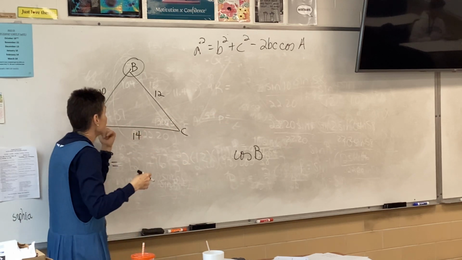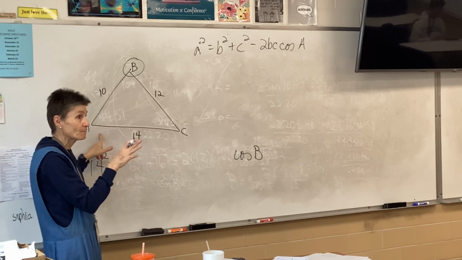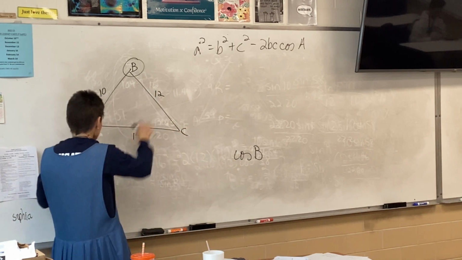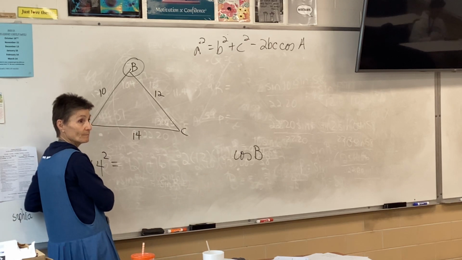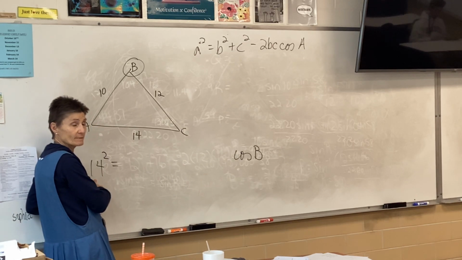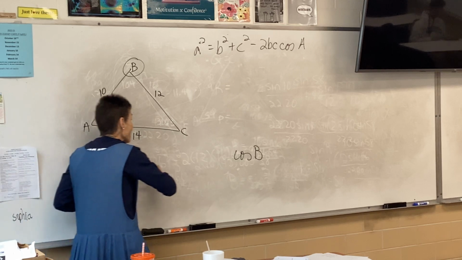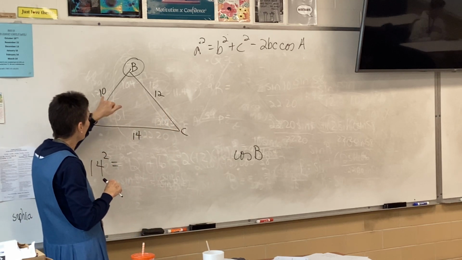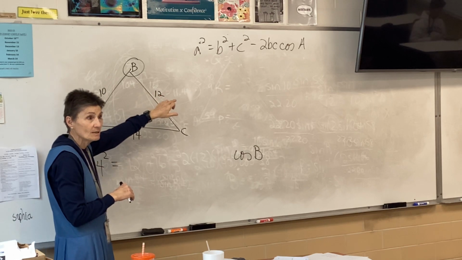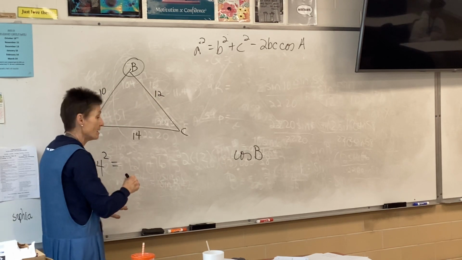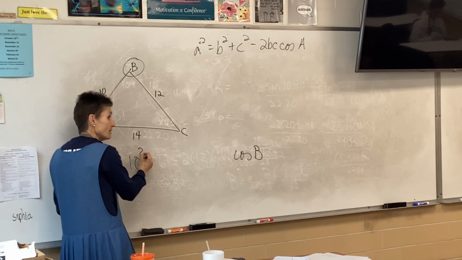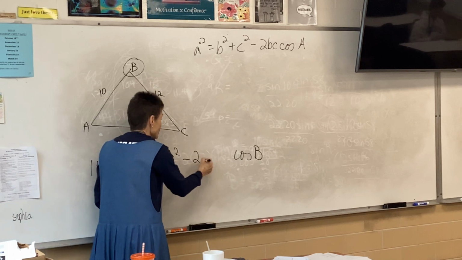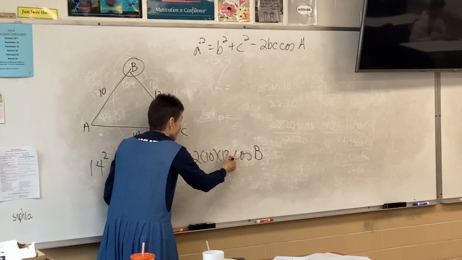If you decided to find angle A, then this would be cosine A, and this would be 12 squared. Now everything in the middle is that combination of 10 and 12, the other two sides. So 10 squared plus 12 squared minus 2 times 10 times 12.